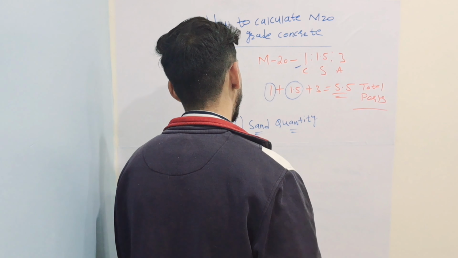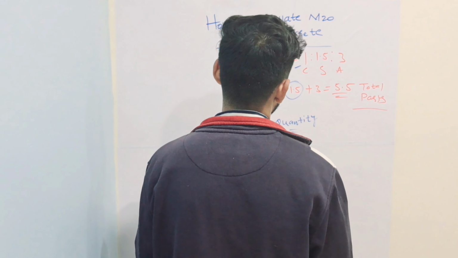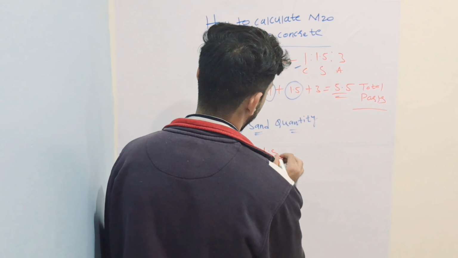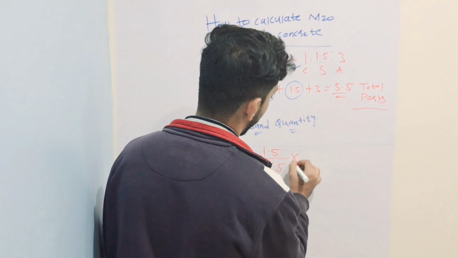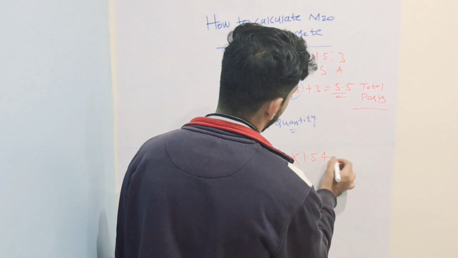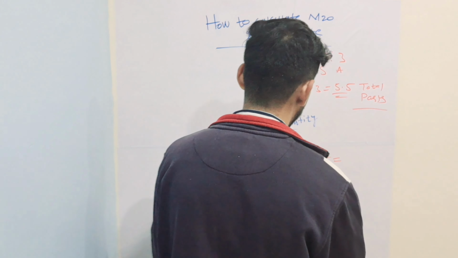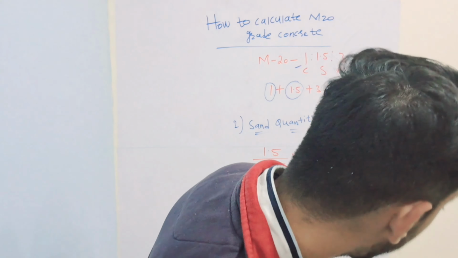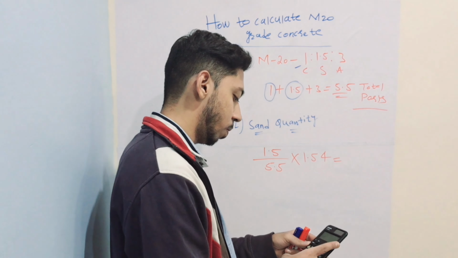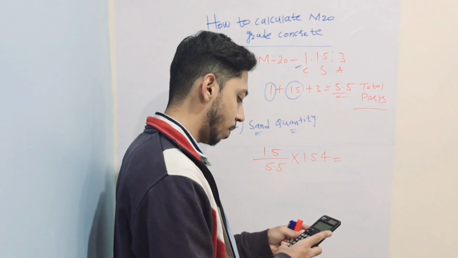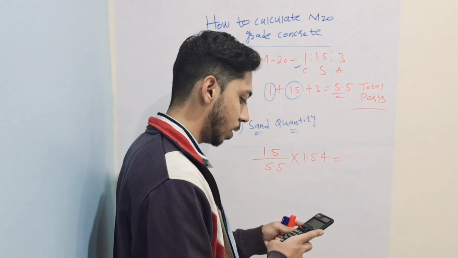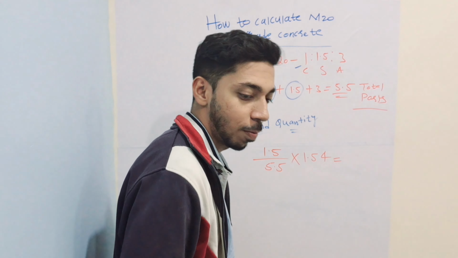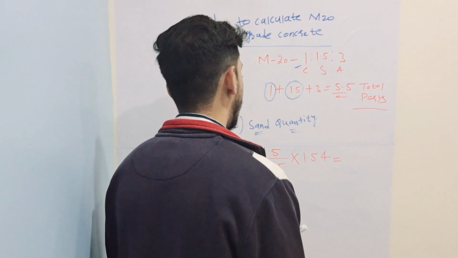For sand quantities, first of all take 1.5 parts of sand divided by 5.5, multiplied by 1.54. Let's calculate how much we get. 1.5 divided by 5.5 into 1.54, we get 0.42 meter cube.